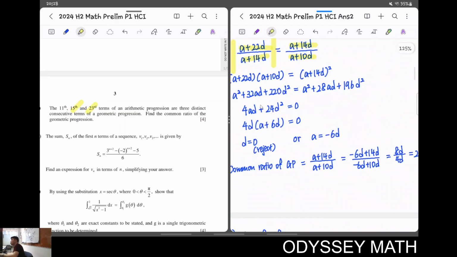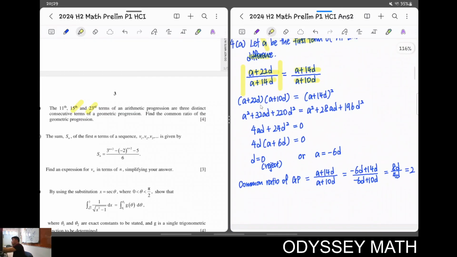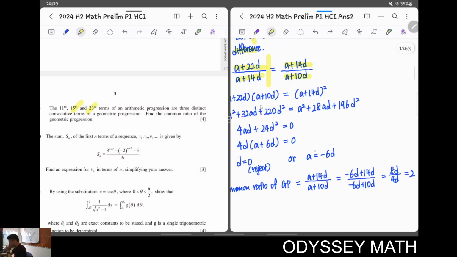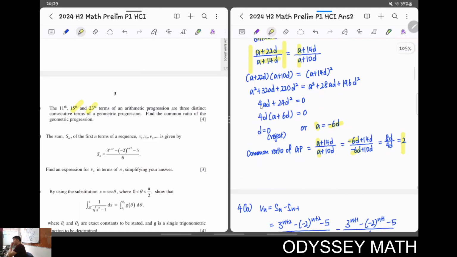So we still do not know the common ratio, but we know A equals minus 6D. If we sub A equals minus 6D back in here, A plus 14D over A plus 10D, the A here we replace with minus 6D. Then you can find your common ratio for the GP. That's 2. Understand? Okay.